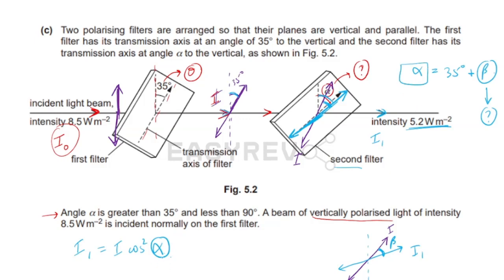So our formula won't be cos square alpha, but rather cos square beta. Because I repeat, the formula requires an angle theta, yes, but that angle theta has to be the angle between the polarization of the incoming light ray and the polarization of the outgoing light ray, which in this case I've labeled as beta. So it's this in-between angle.